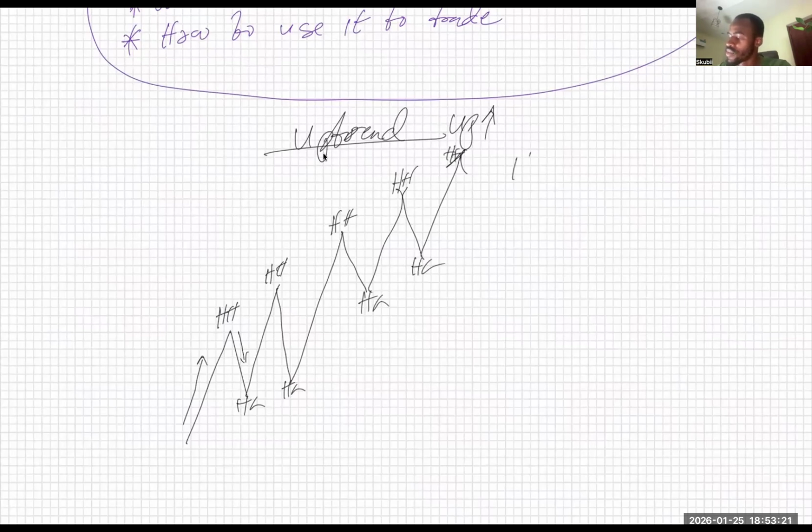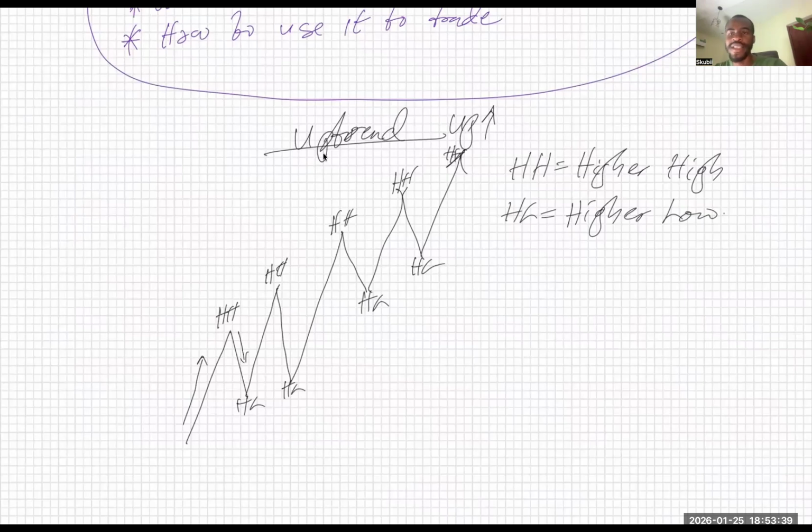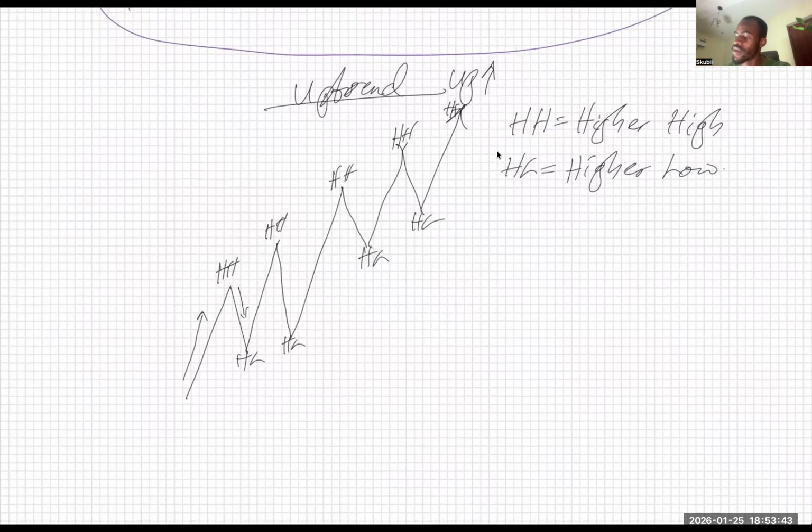So HH is higher high, HL is higher low. Are you guys getting the whole idea? So HH higher high, HL higher low.